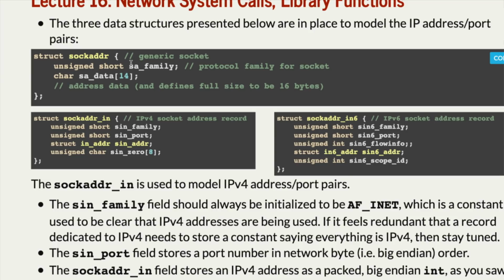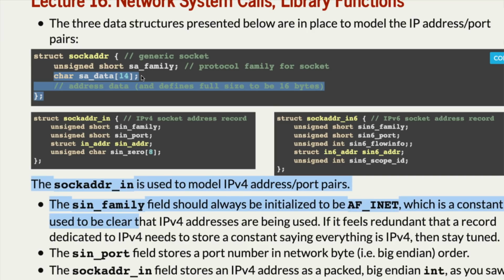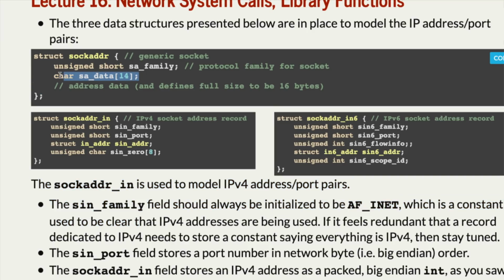It's a 2-byte value which is going to say what protocol it is. Then we have a really bizarre sa_data, 14 bytes worth, but that's it. It doesn't say anything else about that except that there's 14 bytes there. And you say, oh, maybe that 14 bytes is going to be useful for something. I don't know, we'll see.